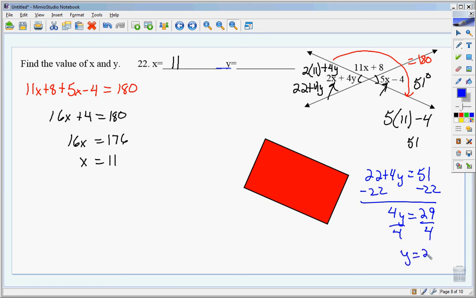Y equals 29 over 4. I'm certainly okay if you leave it that way. If you changed it to a decimal, what you would have is 7.25. And certainly either way would be okay.